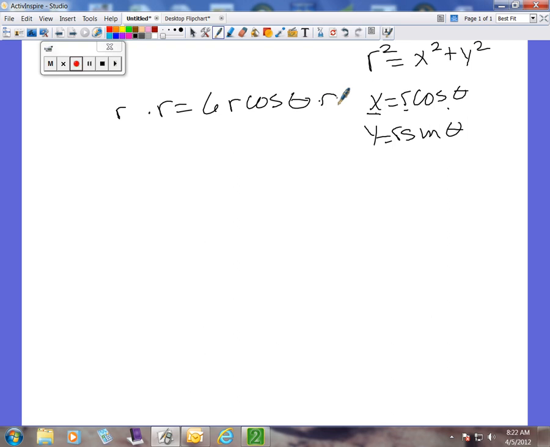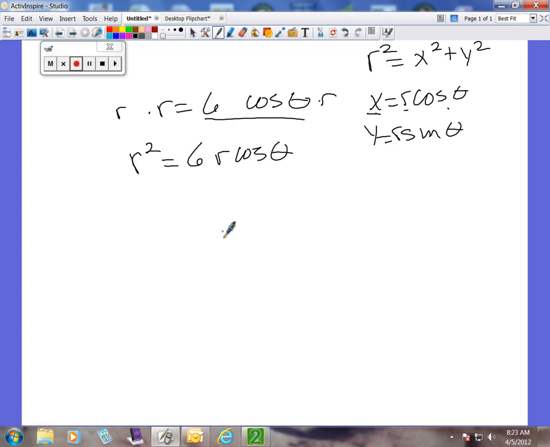I'm sorry, this was just 6 cosine theta on this side. Well, the reason I would do that is because what do I end up over here? r squared. And don't I end up with 6r? I was getting ahead of myself.